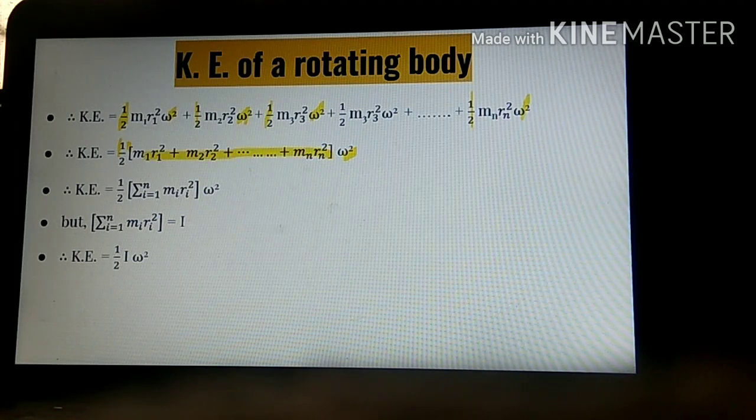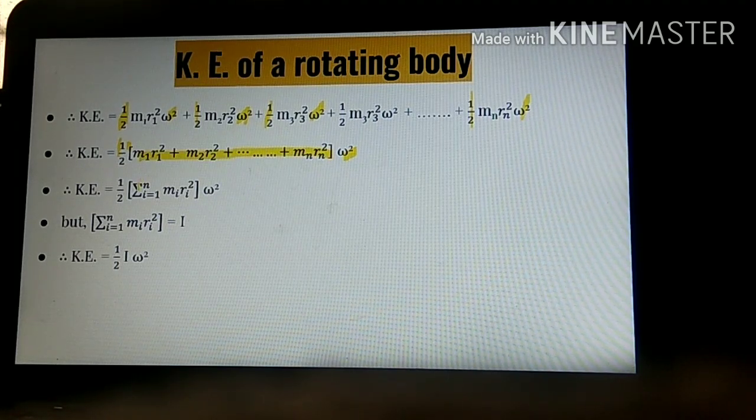But this whole formula can be written as summation, i's value from 1 to n, of mi ri square, times omega square. This is called a summation. And over here i's value is in the range from 1 to n. It means if i's value we are taking as 1, r's value will also be taken as 1.